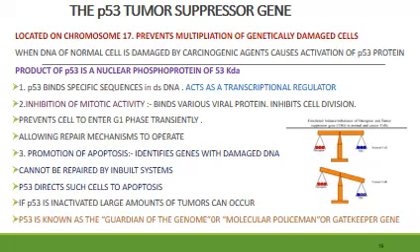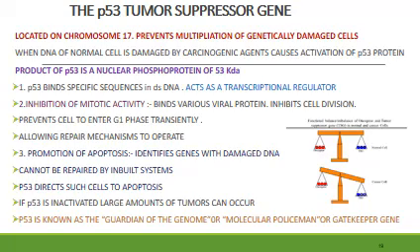Now, the other very important tumor suppressor gene is the p53 tumor suppressor gene. This gene is located on chromosome 17 and prevents multiplication of genetically damaged cells. When the DNA of the normal cell is damaged by carcinogenic agents, it causes activation of the p53 protein.